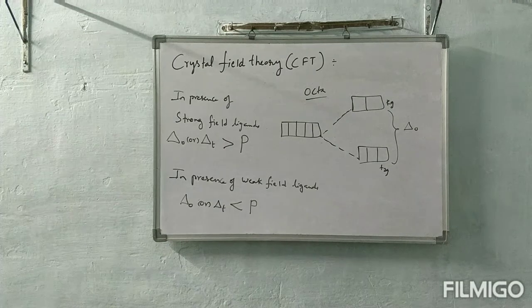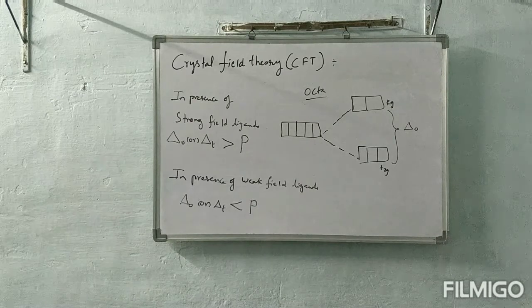In presence of strong field ligands, delta naught or delta T means that splitting of energies will be very high, and those delta naught or delta T is greater than P. P means pairing energy. The energy released at the time of pairing of electrons is called pairing energy. Next, in presence of weak field ligand, the delta naught or delta T is less than P.